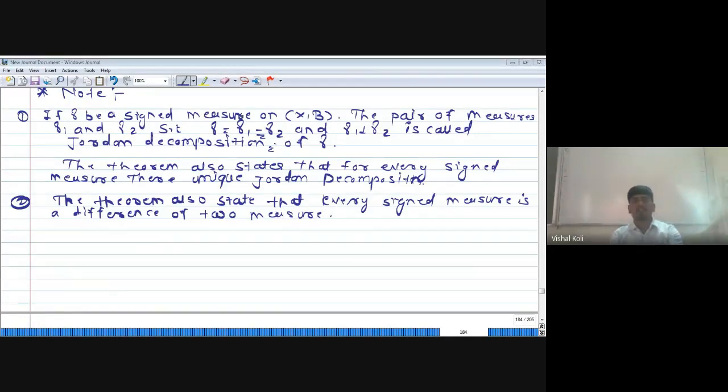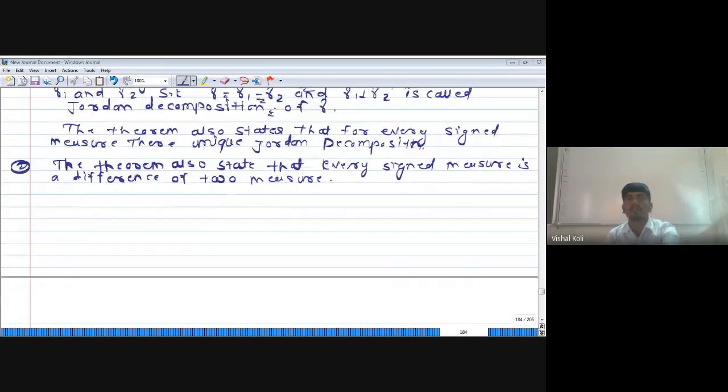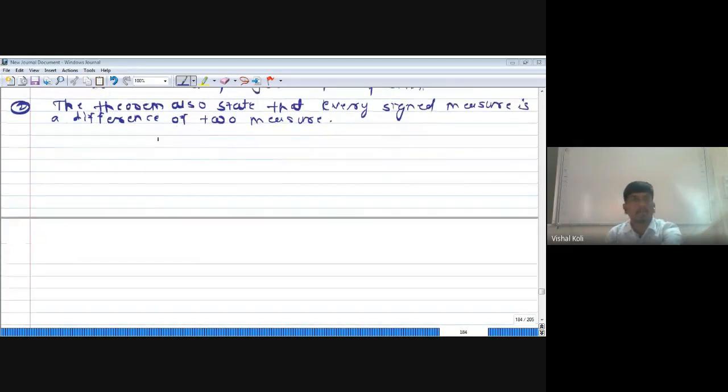We have already proved this one in the Jordan decomposition. Since gamma is a signed measure corresponding to that measurable space x, B, then gamma can be expressed as gamma 1 minus gamma 2, where gamma 1 and gamma 2 are measures but they are mutually singular measures. So from this we conclude that any signed measure can be expressed as a difference of two measures.